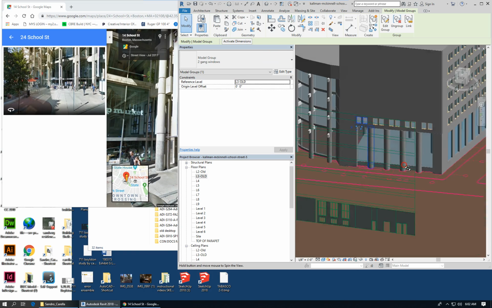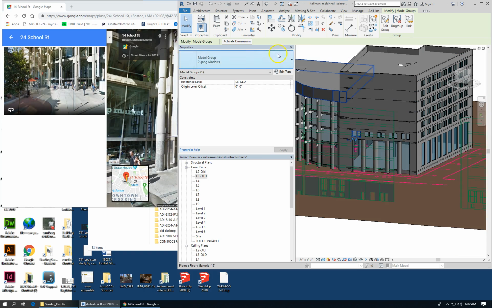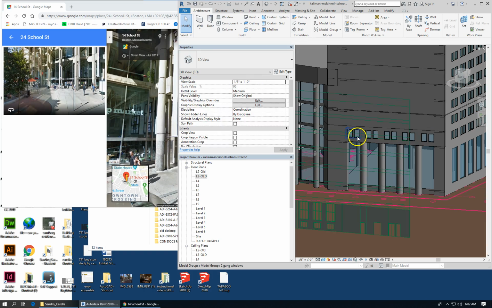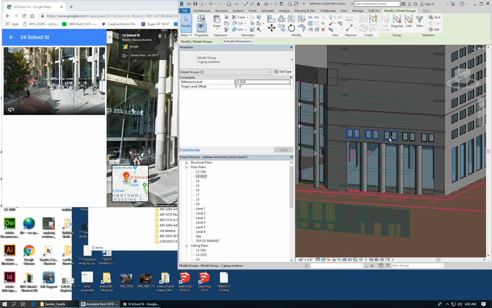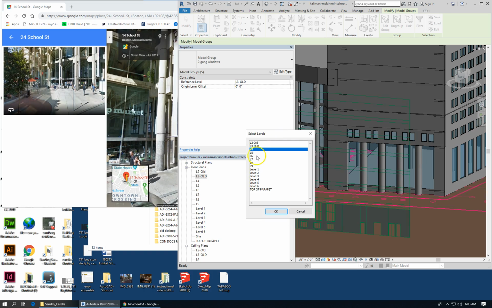So if I'm satisfied with that result, I'm going to take these instances of that model group, copy those to the clipboard, and paste those to levels L4 through L8. Is that right? 4, 5, 6, 7, 8, 9.